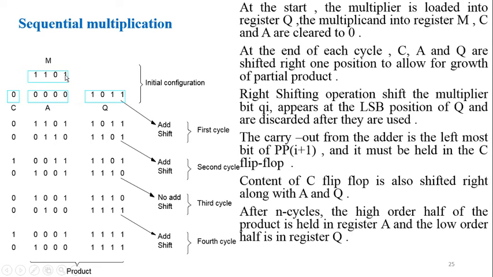So 1 plus 0 equals 1. 0 plus 1 is 1. 1 plus 1 is 0, carry 1. 1 plus 0 plus the previous carry 1 is 0, and the carry is loaded in the C array.